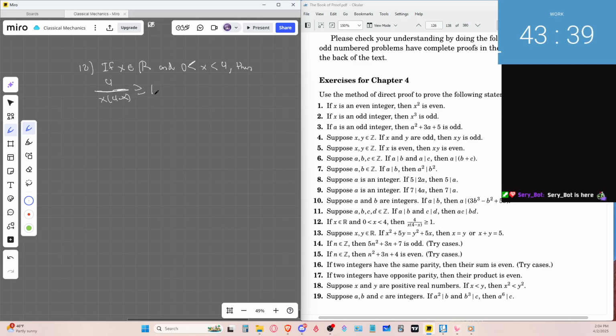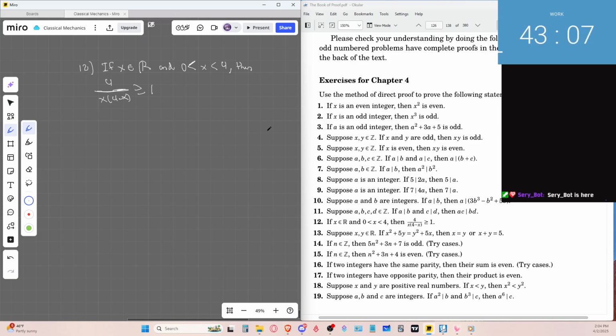So the question we have today is: if x is an element of R and 0 is less than x and x is less than 4, then 4 over x times (4 minus x) is greater than or equal to 1.